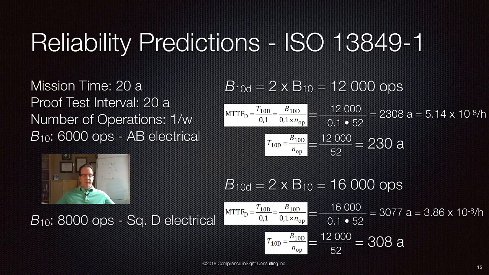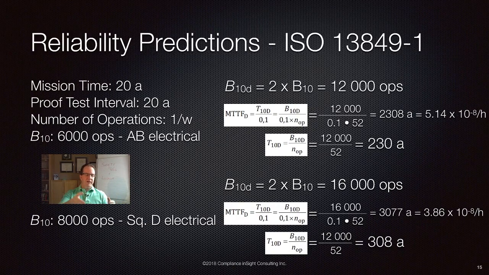So why do we care about T10D? Well, when we're looking at the mission lifetime of a piece of equipment, and we're looking at the T10D for each piece of equipment, that number is significant only if T10D is less than the mission life.